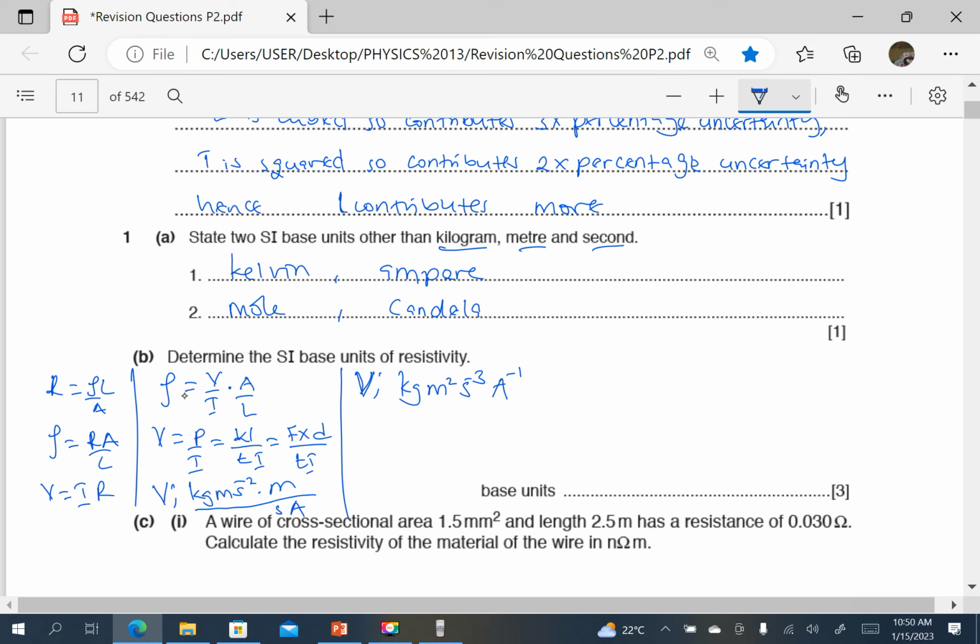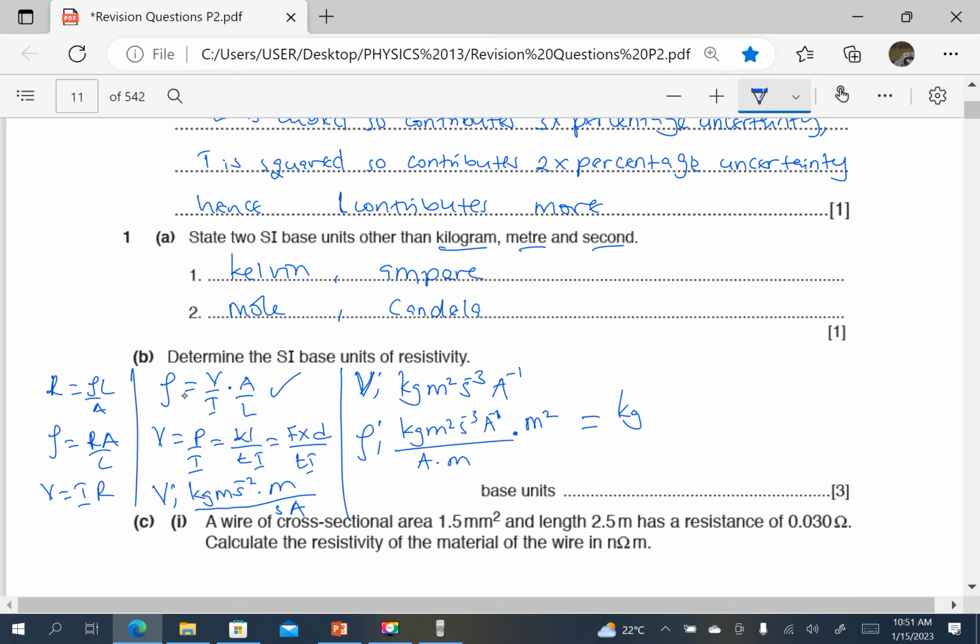That is for V. Now we substitute, because I is ampere, A is meters squared, L is in meters. So the units of resistivity will be V, which is kilogram meters squared s to the power negative 3 per ampere, divided by I in amperes, L in meters, and cross-sectional area in meters squared. When we simplify, we remain with the kilogram.